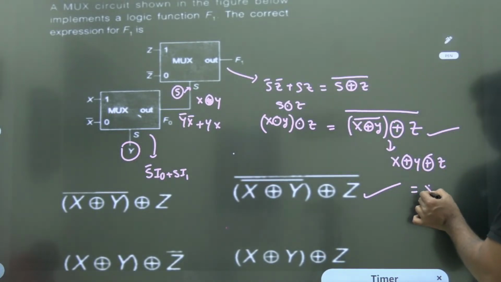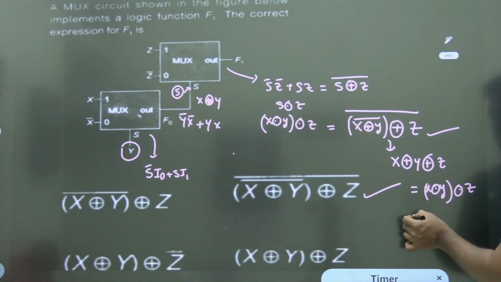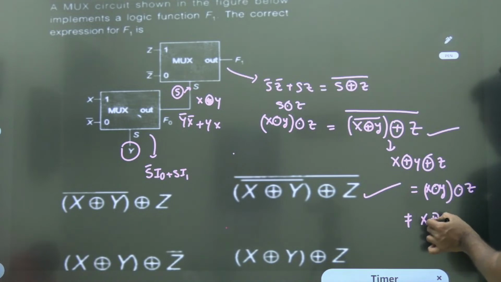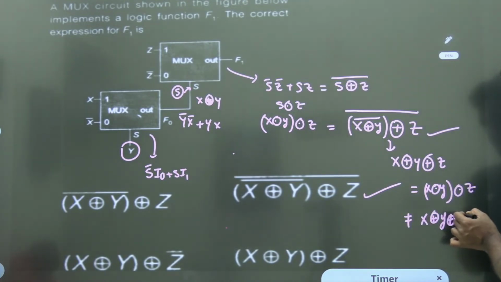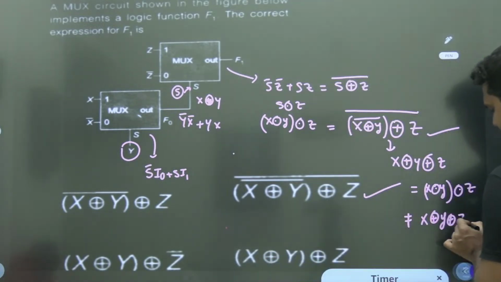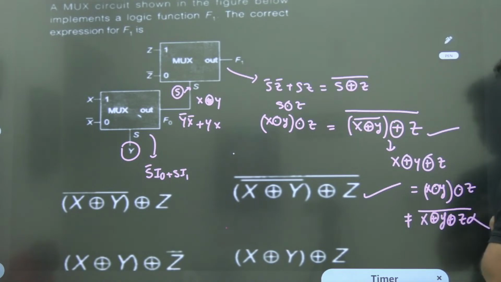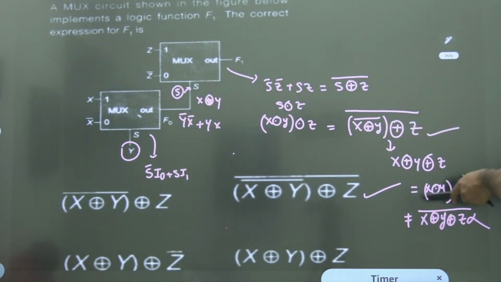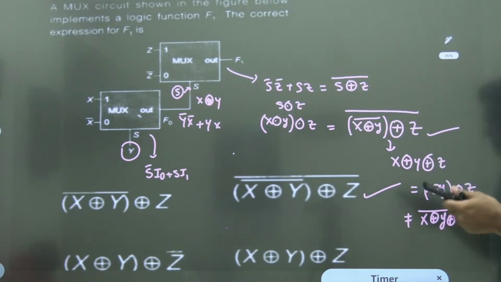This is equal to X XNOR Y, XNOR Z. Don't take this as this is wrong. Some people just take it that the input is X XNOR Y, that's a different case. But this is the right answer. Any of these three are right answers, but this is the one. You can expand and cross check if you have any doubt.